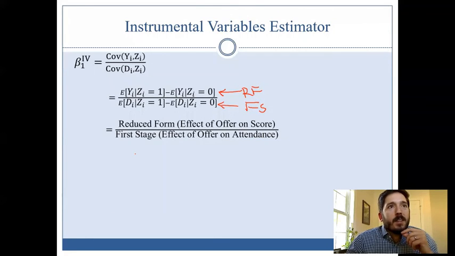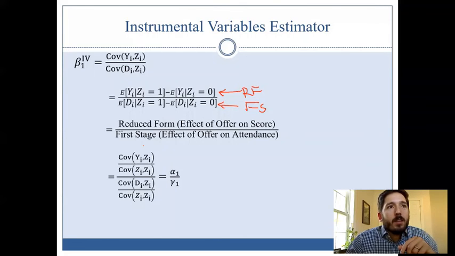So we're taking a reduced form, dividing by first stage. If we were running those separate regressions, we'd have that alpha 1 estimate divided by this gamma 1 estimate.